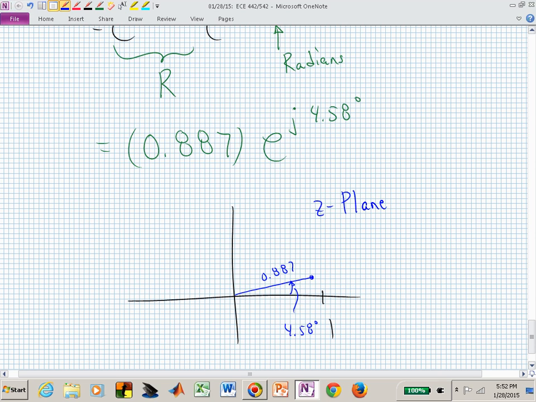What else did we have to assume? A sample period, capital T, in order to get us those particular numerical values. Questions on that?